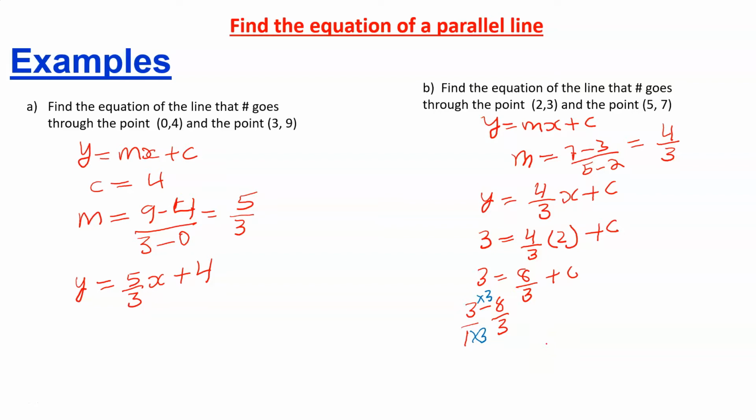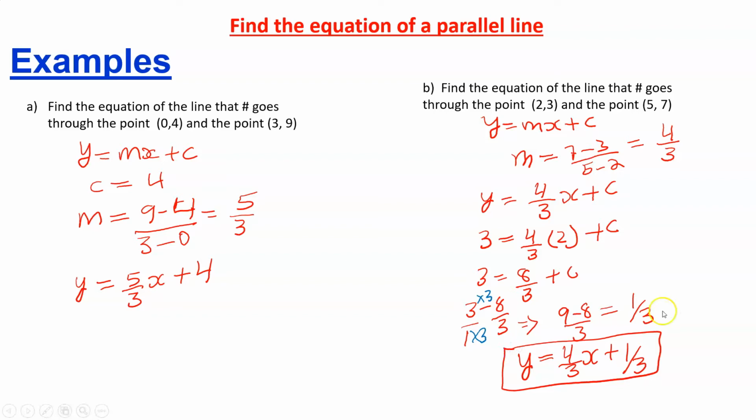So we got 9 take away 8 divided by 3, which gives us 1/3 for c. That's our c. So what's the equation now? The equation is y equals 4/3 x plus 1/3. That's the equation.